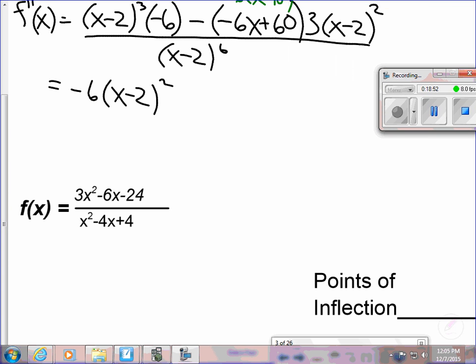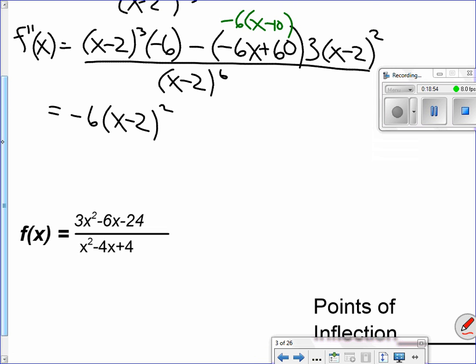Okay, now, that's the common factor. So how many times does that go into the first term? What should I write here? What's the first term going to be, or rather, just an x minus 2? Now, think about what we're pulling out. We're pulling out a negative 6 x minus 2 squared.